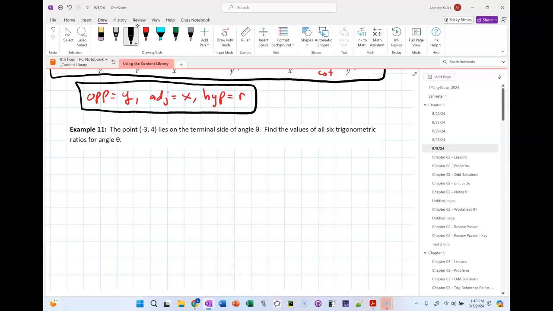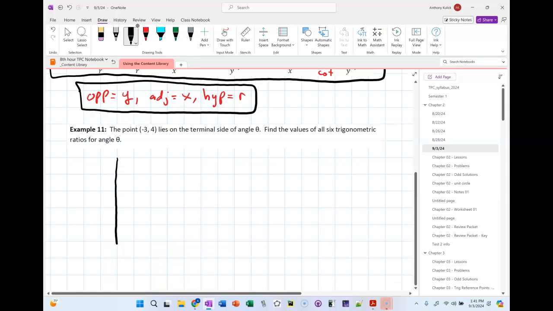All right. Here it says the point (-3, 4) lies on the terminal side of angle theta. Find the values of all six trig ratios for angle theta. Well, I'm going to start by just sketching myself a little picture because I'm still getting used to using my new definitions.